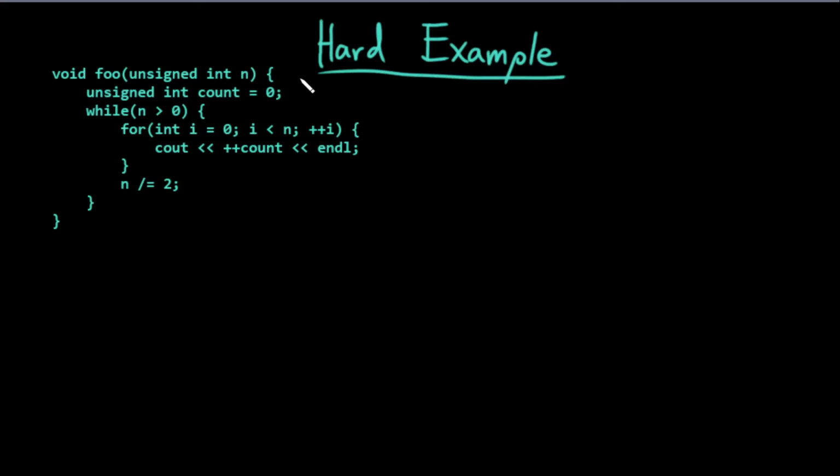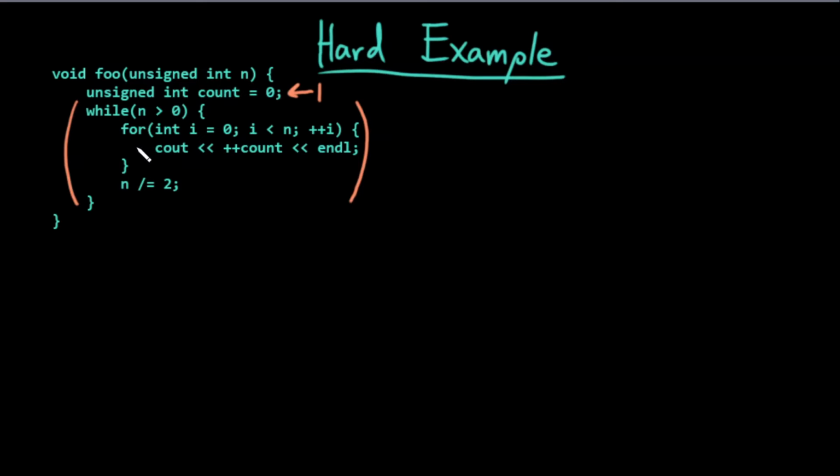So let's start with the first line. This one's easy. We're only doing one operation. And then now here we have some while loop. This is a little more complicated, so let's just try to figure out what all of this is doing all at once. So this entire nested loop. Whatever n currently is, I'm doing pretty much n.